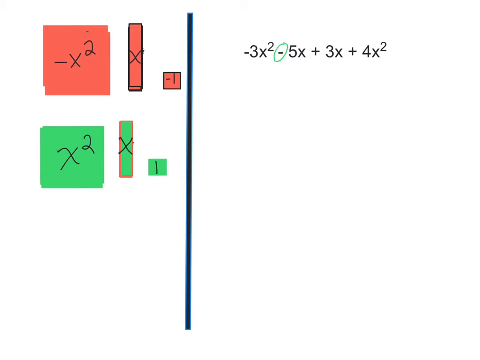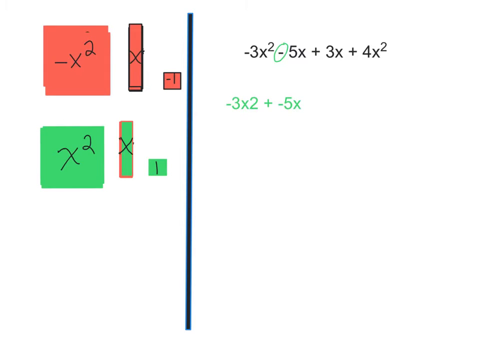And the way that we change that to addition is we're going to keep the negative 3x squared the same. And then that subtraction is going to change to addition. So 3x squared plus, and we need to do another change. So now that 5x is going to become negative 5x.